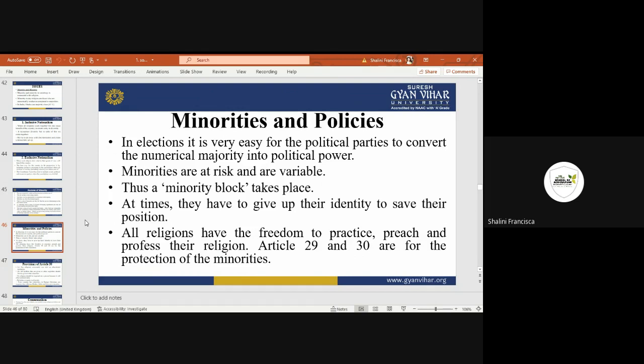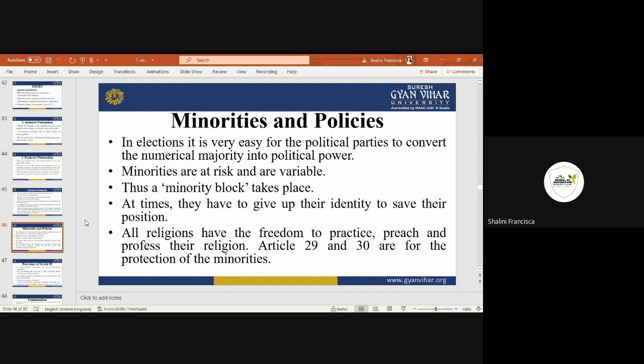They are at risk, meaning they are not even asked whether they should be included in that or not. And they are considered only a factor for giving votes, but they do not have the power to talk about all these factors so that the people can have the right to speak.